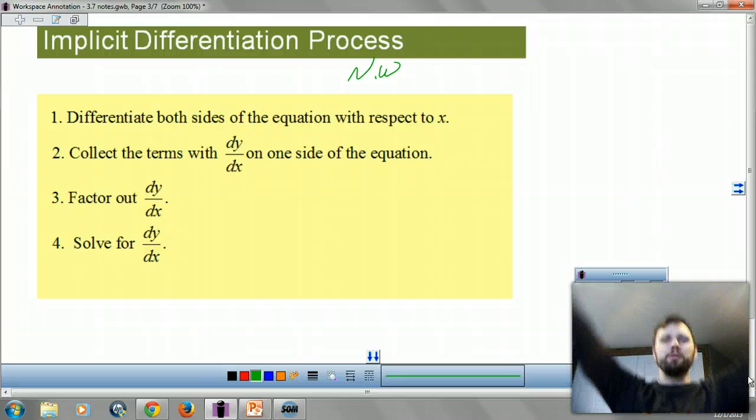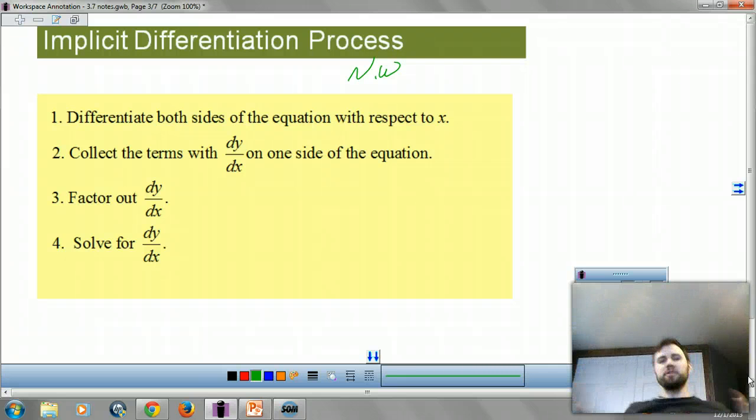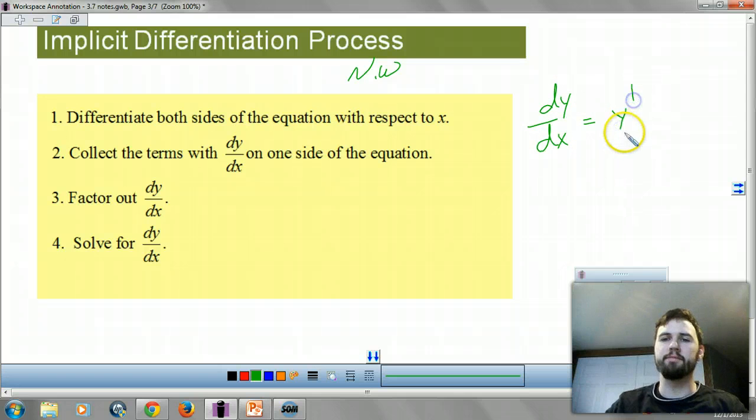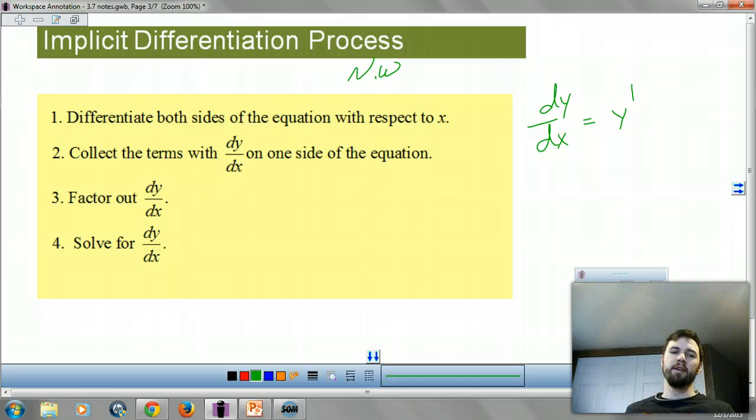The first thing you do is you take the derivative of both sides in terms of x. Okay, then you take your dy/dx's. I'm going to use y prime a lot because remember, dy over dx equals y prime. Okay, it's just going to make my life a lot easier. So you're going to move everything with the dy/dx to one side.